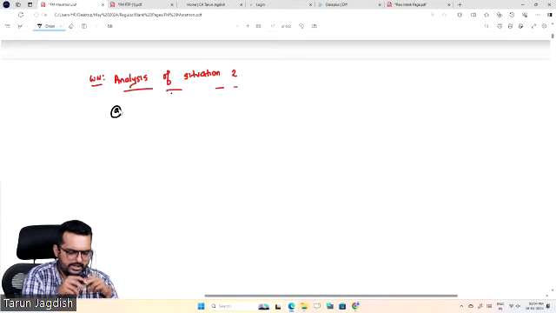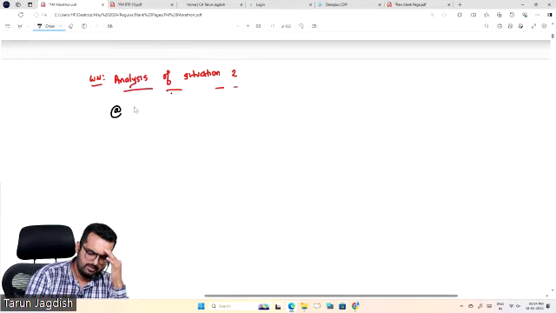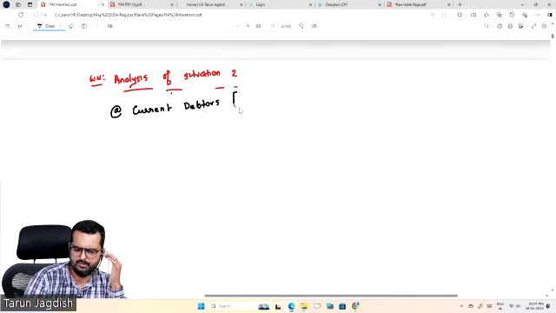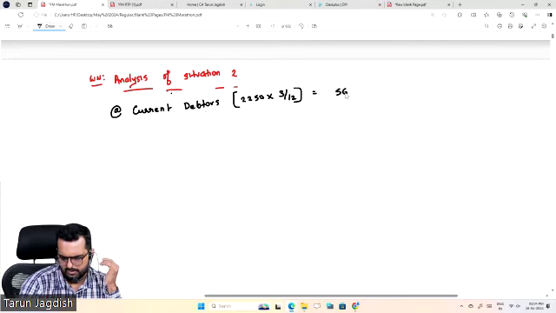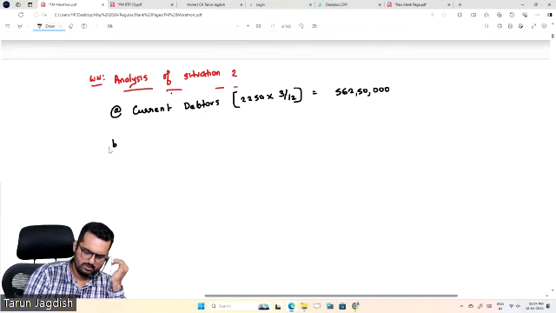All right. In that, you write down point number A, current debtors. Everyone tell me how much is your current debtors? That was 2,250 into 3 by 12. Am I right? 562.50 lakhs.